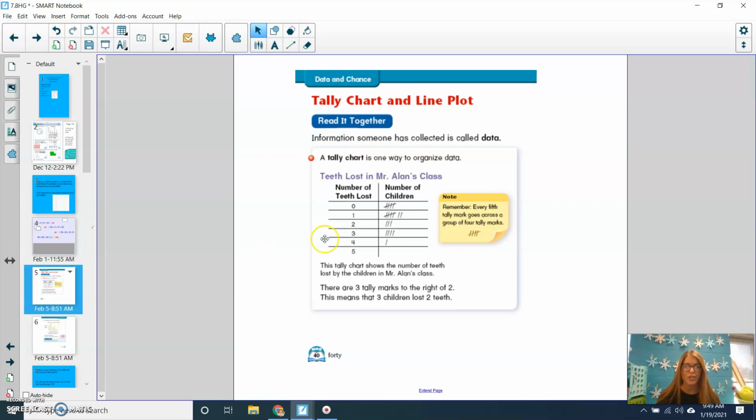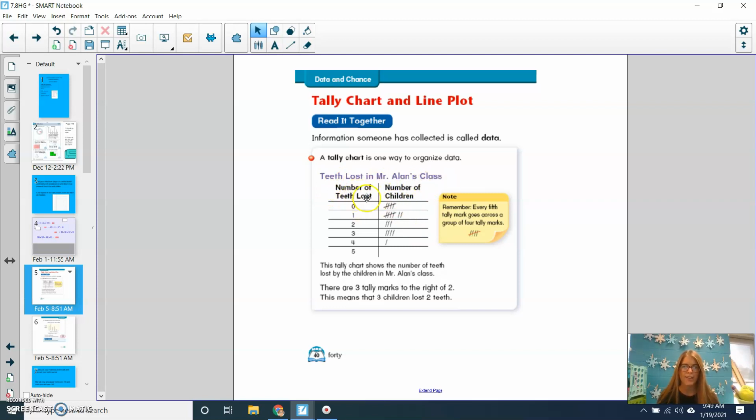The next thing, you can just put your whiteboard or your notebook to the side. We're going to take a look at tally charts and line plots. So here's an example of a tally chart, and this is one way to organize data, organize information. So you can see the teeth lost in Mr. Allen's class.